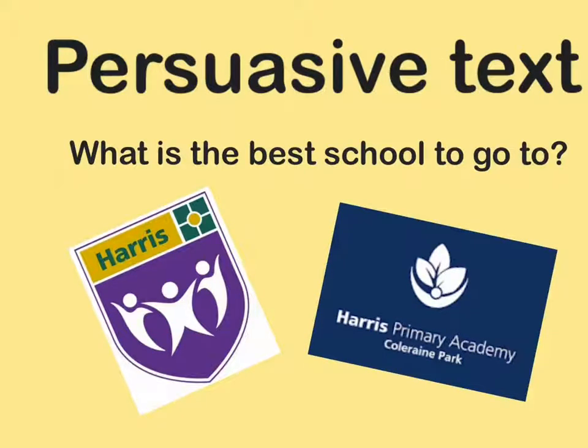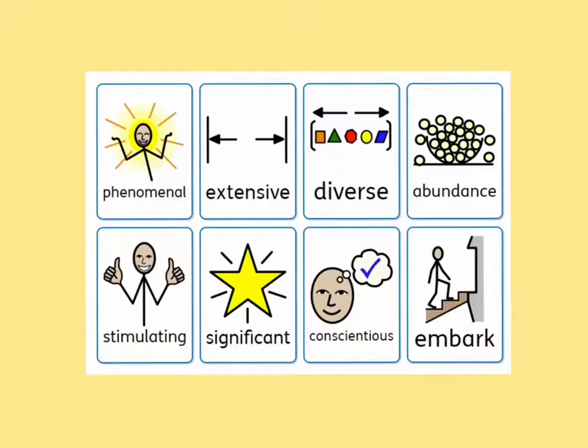Now let's jump back into what it is that we're doing. We are writing a persuasive text and we are persuading people about what's the best school to go to. And of course, we believe it's our schools. Before we revise all the features of these texts, let's have a look at our vocabulary.